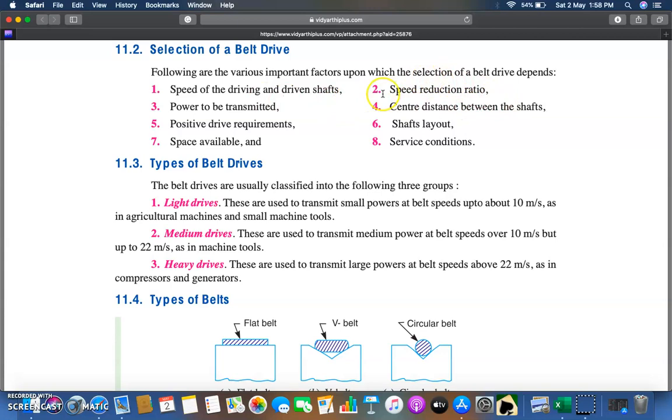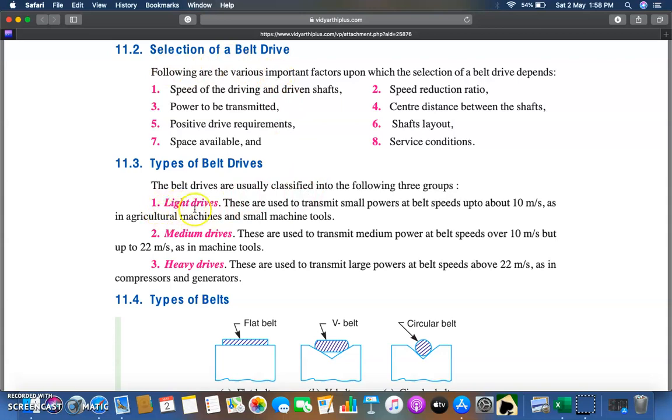Then speed reduction ratio or power to be transmitted, center distance between the shafts, positive drive requirement, shaft layout, space available, and service condition. These are the eight criteria you have to consider whenever you are selecting the belt drive.